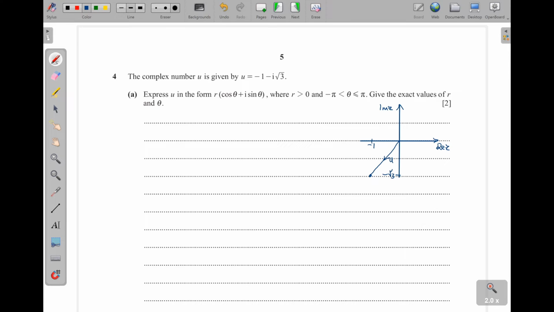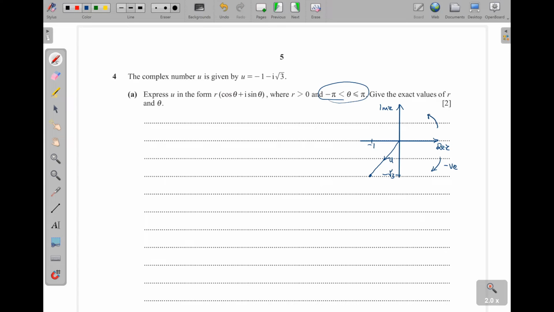Now the argument of this u, remember, it must range from -180 to 180. So we go anti-clockwise if the argument is less than 180. But if it goes beyond 180 degrees or beyond pi, we instead go clockwise, and here the angles are negative.